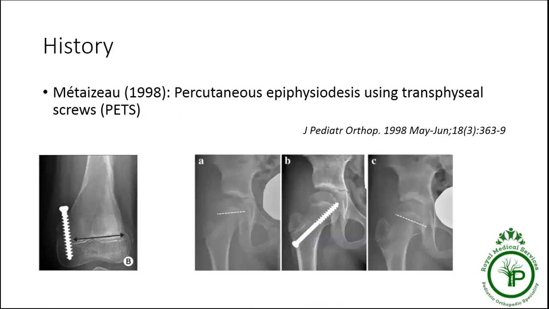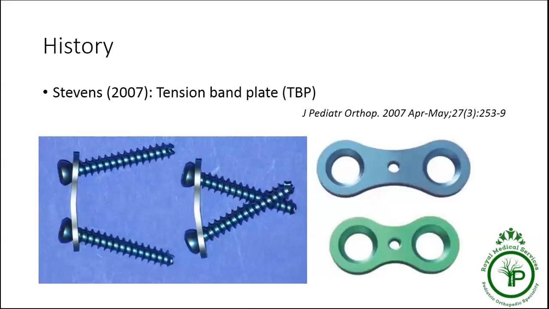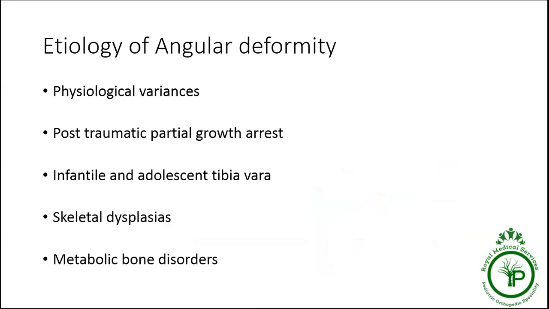Now in 1998, Métaizeau introduced the screws, and he reported percutaneous epiphysiodesis using transphyseal screws, PETS. In 2007, the tension band plate was introduced, and it improved the guided growth control of deformity correction after that.